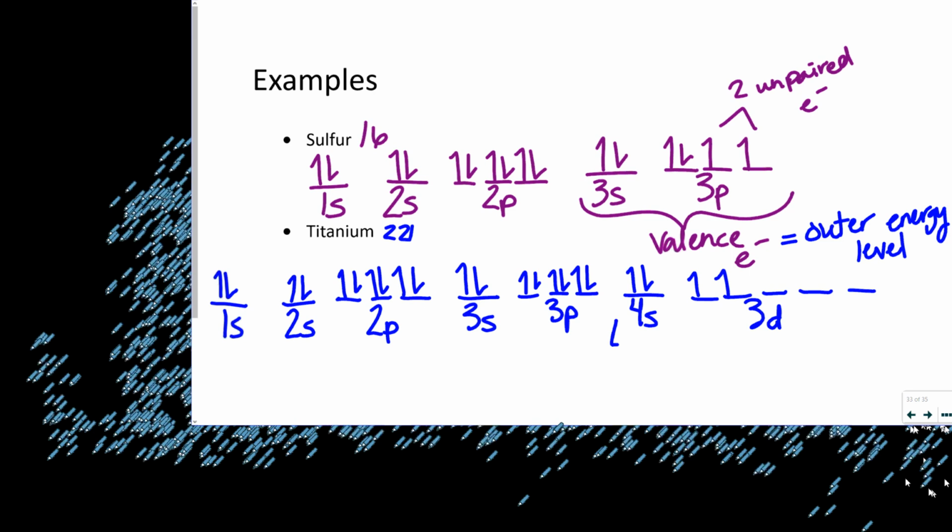So only our 4s electrons are valence electrons. So this only has 2 valence electrons because there are only 2 electrons in the 4th energy level. Even though we placed electrons after that, they do not count as being in that higher level. They drop down to the previous level. That can be a little bit tricky with these overall.